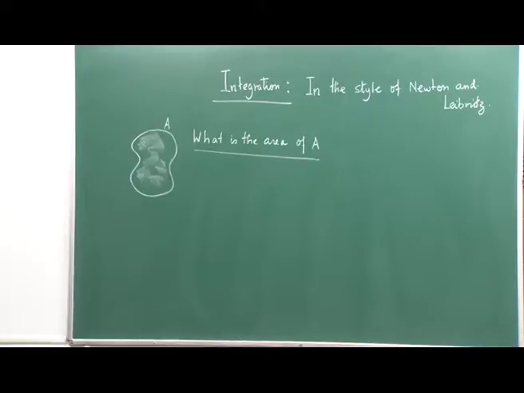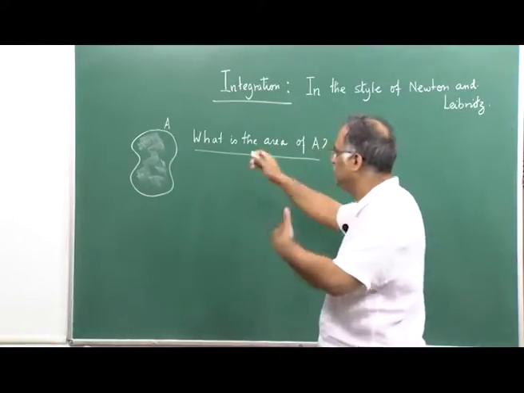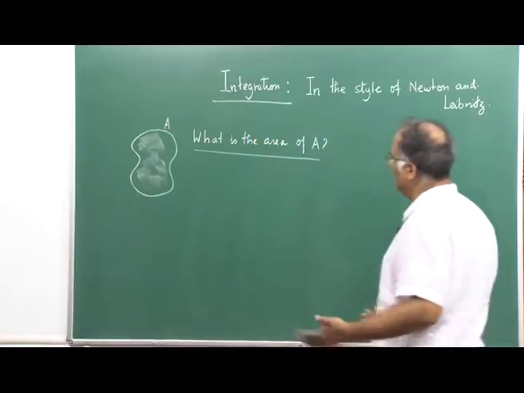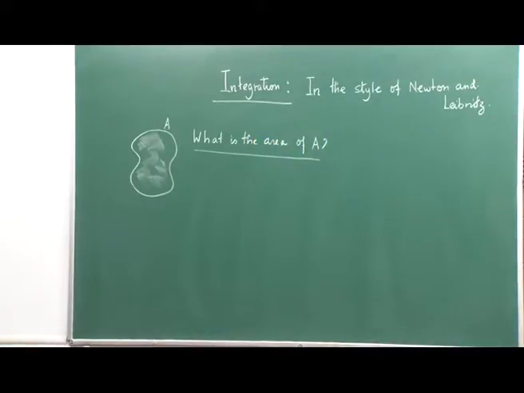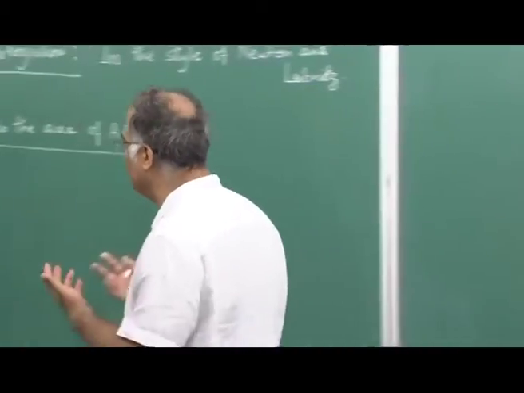Now, if I ask this question to many of you, you would try to give something inside, something like that. But truly speaking, area is a very intuitive notion and it is not so easily definable.